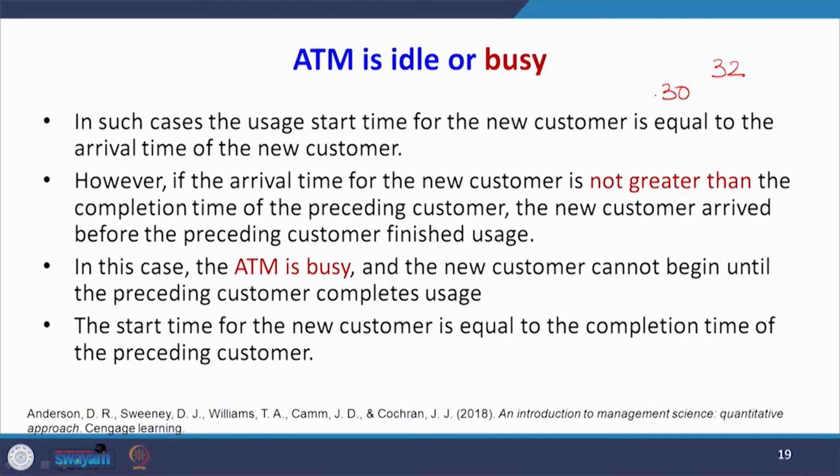So, for 2 minutes the new customer has to wait, that means for those 2 minutes the ATM is busy. So, the start time for the new customer is equal to the completion time of the preceding customer. Even though he comes on the 30th minute, he can start getting the service only on the 32nd minute, because only then the ATM will be free.